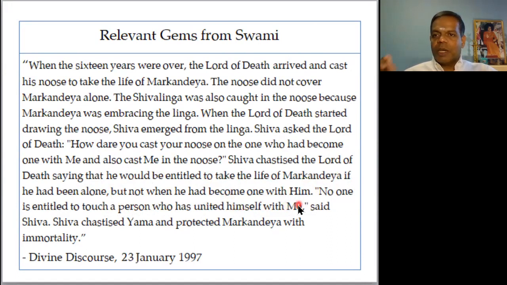So when the devotee has become one with him, he cannot take one's life. Kalari. Okay. Adhivakta Adhyavochat. No one is entitled to touch a person who has united himself with me, said Shiva. Shiva chastised Yama and protected Markandeya with immortality.